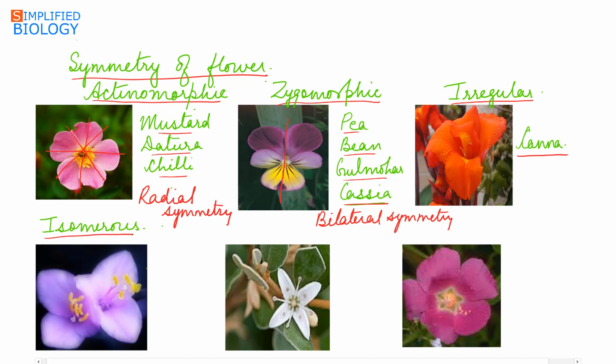Isomerous means members of each whorl are multiple of a number. Now, when they are multiple of 3, they are referred as trimerous. As in this figure, each whorl is a multiple of 3. And best example is the family Liliaceae.